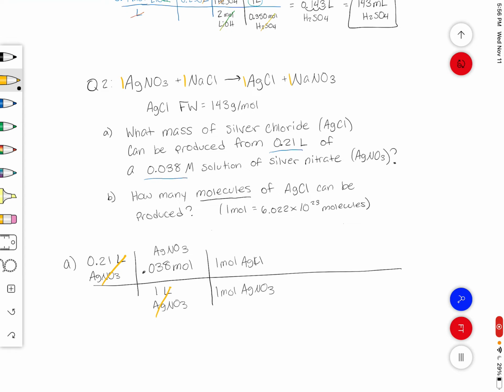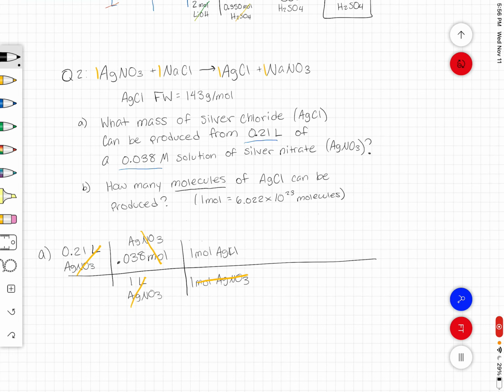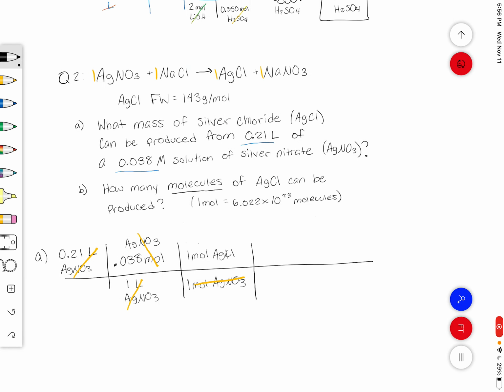So now the mole of AgNO3 here cancels with this mole AgNO3. And this 1-to-1 ratio right here, that's just keeping track of your units more than anything. So now our units are in moles of AgCl.